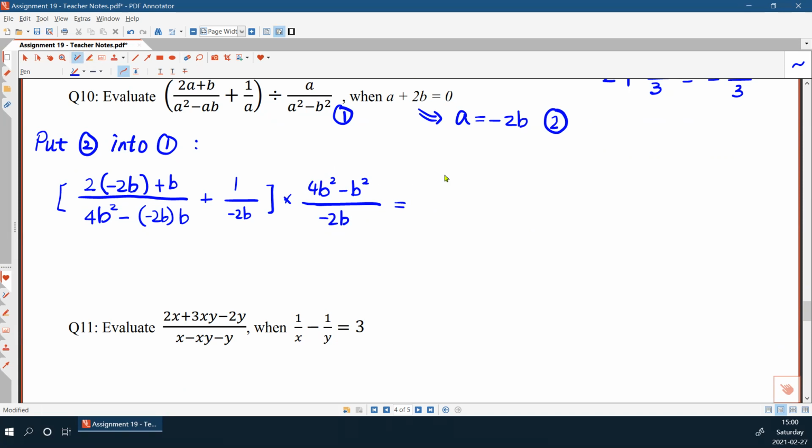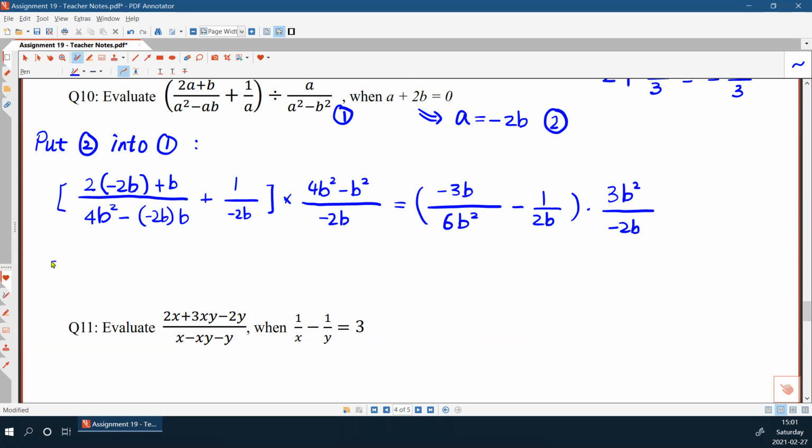First term, minus 4b plus b is minus 3b over 4b squared plus 2b squared, right? This is 6b squared. Okay, plus minus 2b, which is minus 1 over 2b, right? Okay, then times 4b squared minus b squared is 3b squared, and 3b squared over minus 2b, right?